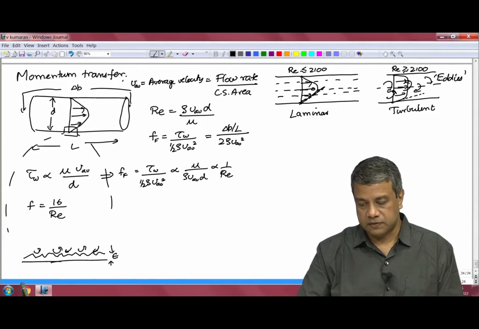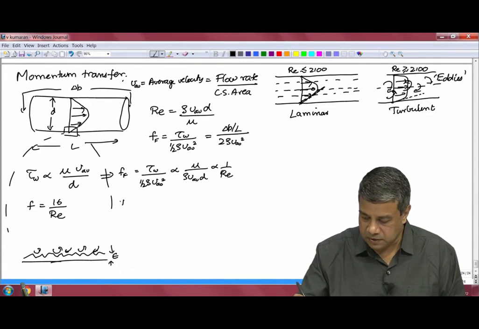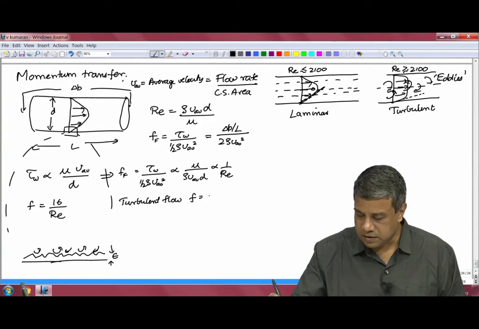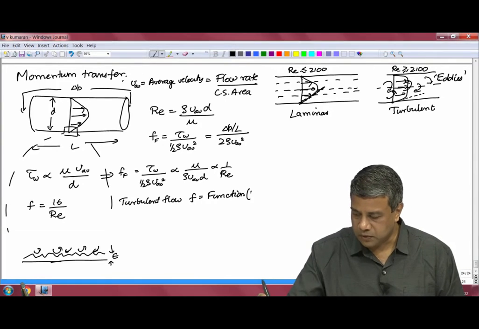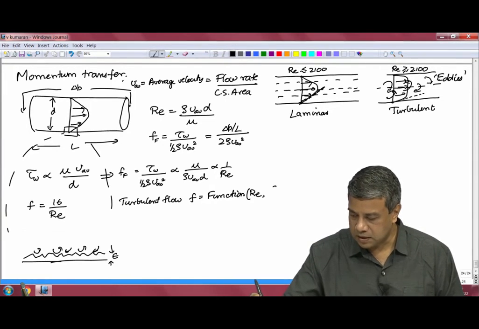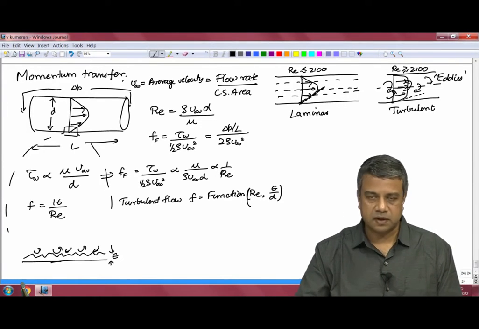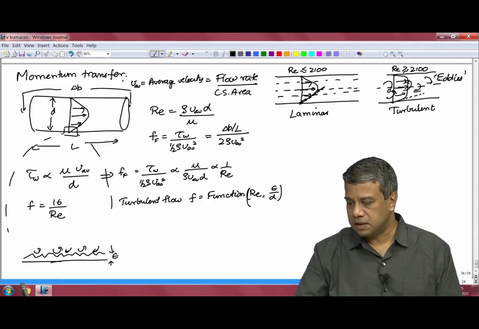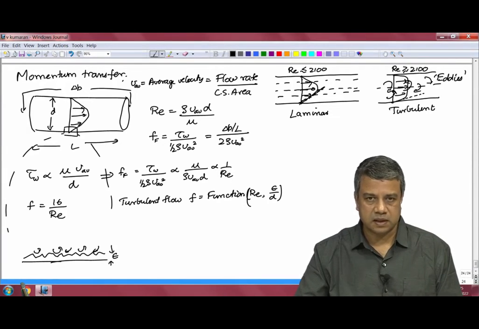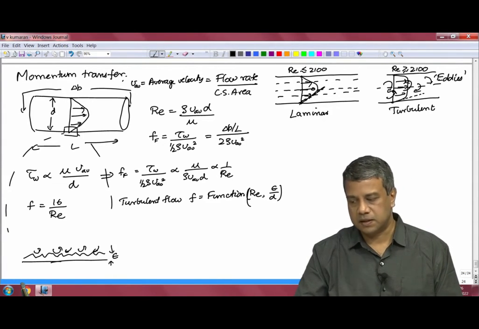So, therefore, the friction factor for a turbulent flow is a function of both the Reynolds number and the dimensionless coefficient, which is the ratio of the wall roughness and the diameter. The wall roughness has dimensions of length, and therefore, the ratio of the roughness and the diameter is a dimensionless parameter.